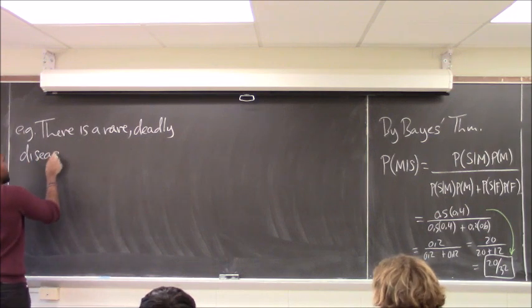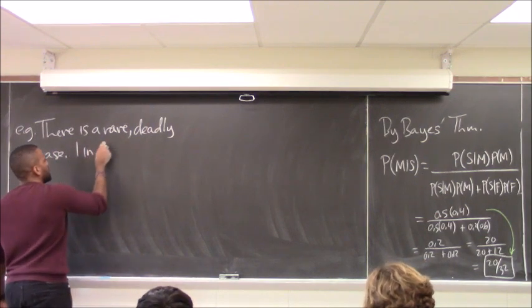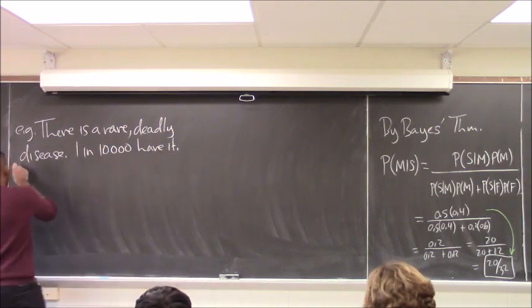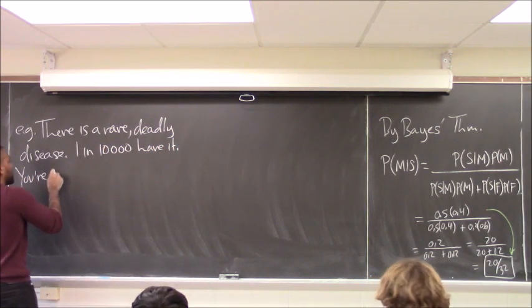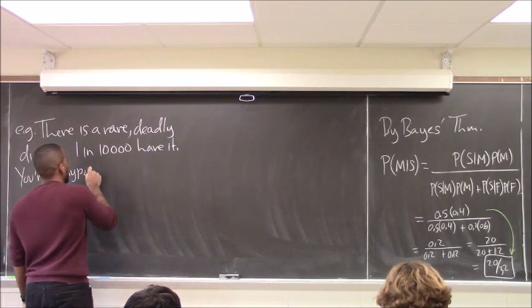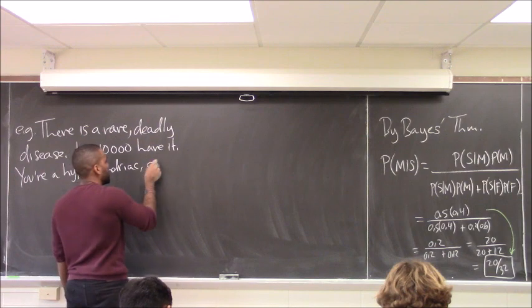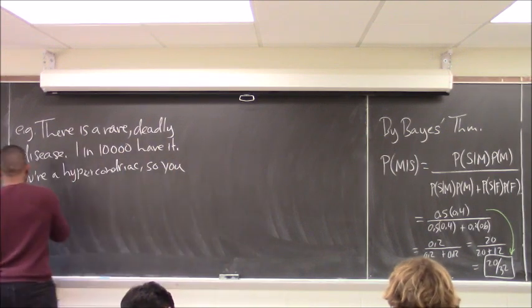There's a rare deadly disease. 1 in 10,000 have it. You're a hypochondriac, so you think you have it.